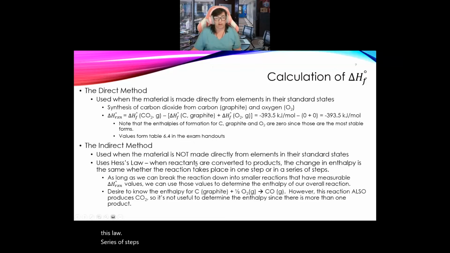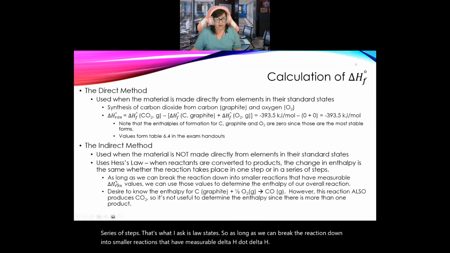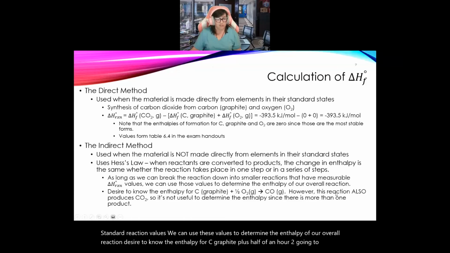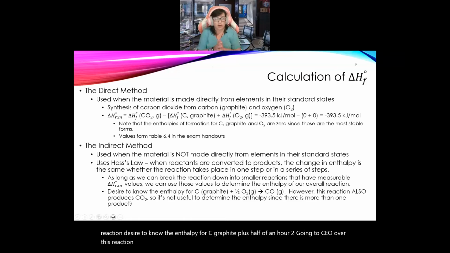So as long as we can break the reaction down into smaller reactions that have measurable delta H naught reaction values, we can use these values to determine the enthalpy of our overall reaction. Say we desire to know the enthalpy for C graphite plus half of an O2 going to CO. However, this reaction also produces CO2, so we can't do it directly. We're going to have to do it indirectly.